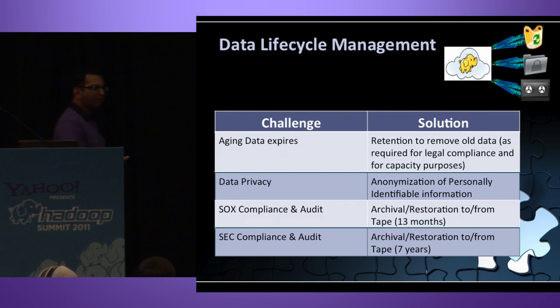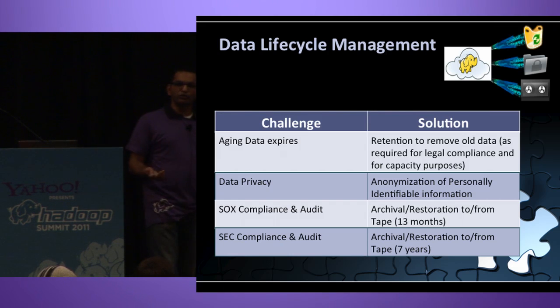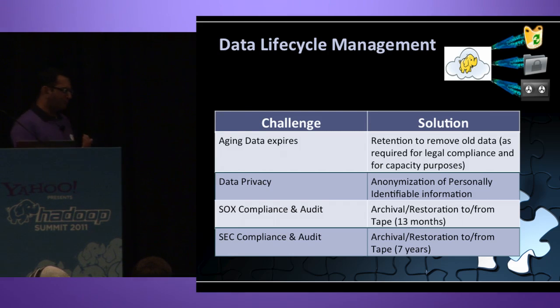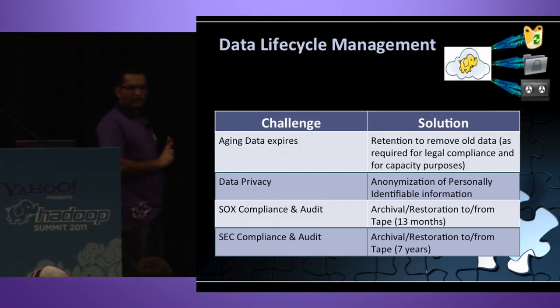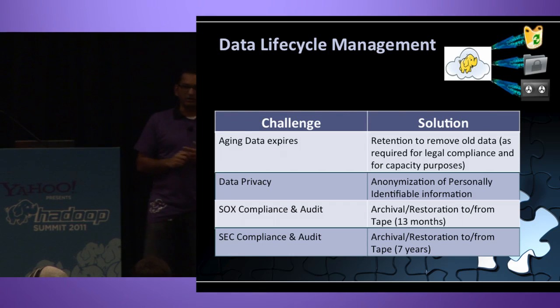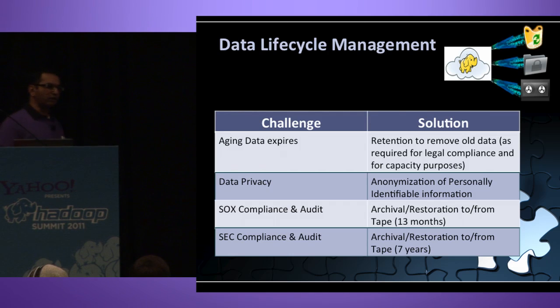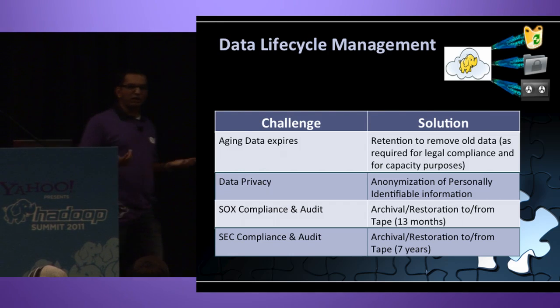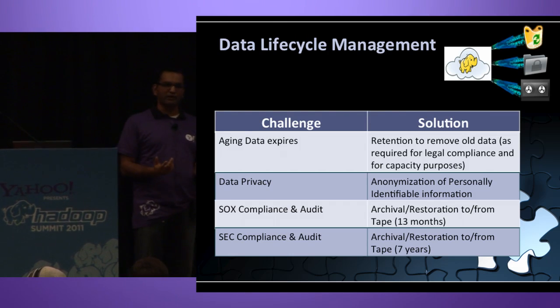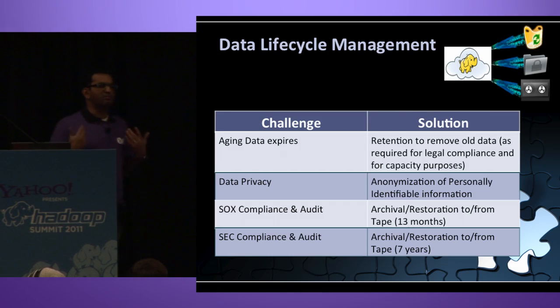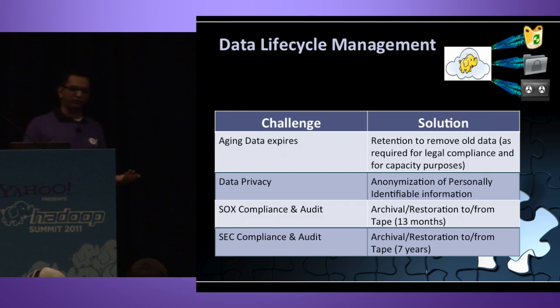So we also handle data privacy. There are a set of rules governing each piece of personally identifiable information, like IP address, user ID, and some people even have social security numbers that they search on. So we want to remove even the query terms, basically, right? So how do we anonymize these? There is a set of rules defined by the data governance policy within Yahoo, and we have implemented these rules so that users don't have to worry about it.